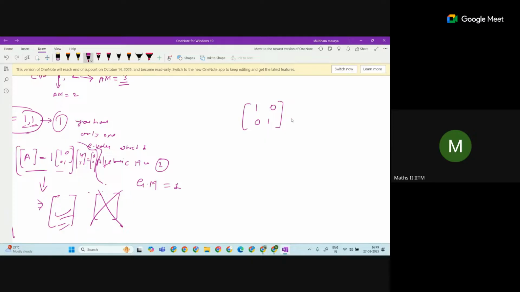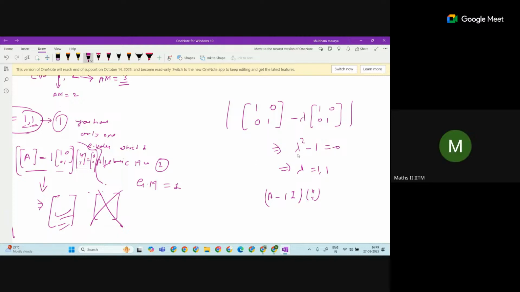If you do A minus lambda I, you get the characteristic equation. If you find the determinant, lambda squared equals 1, lambda equals plus minus 1.